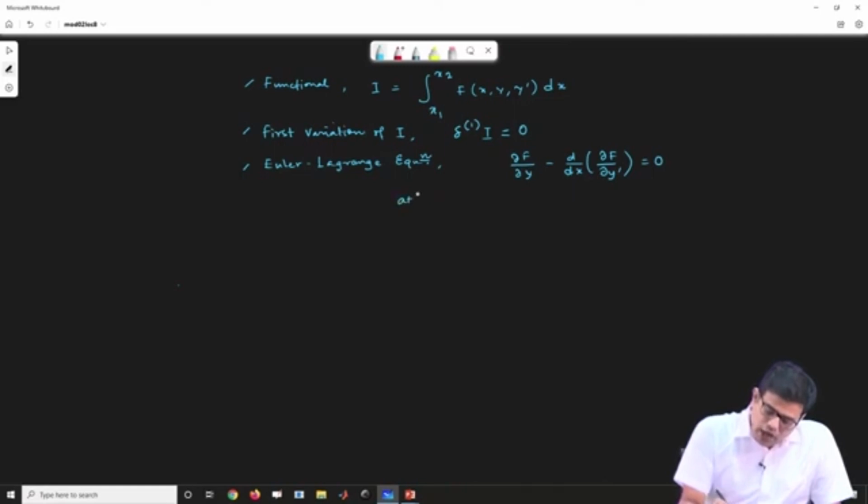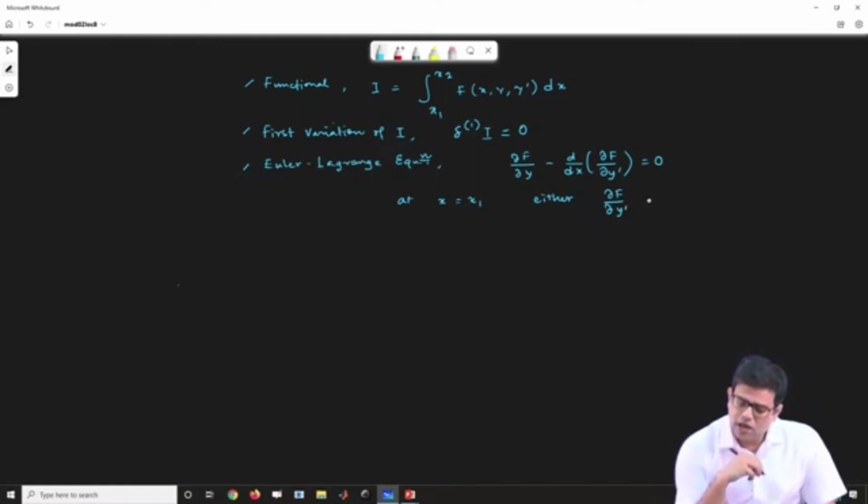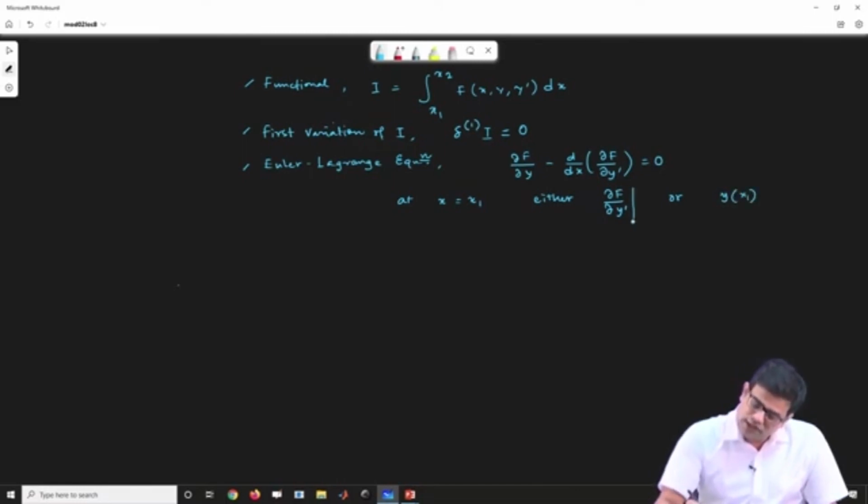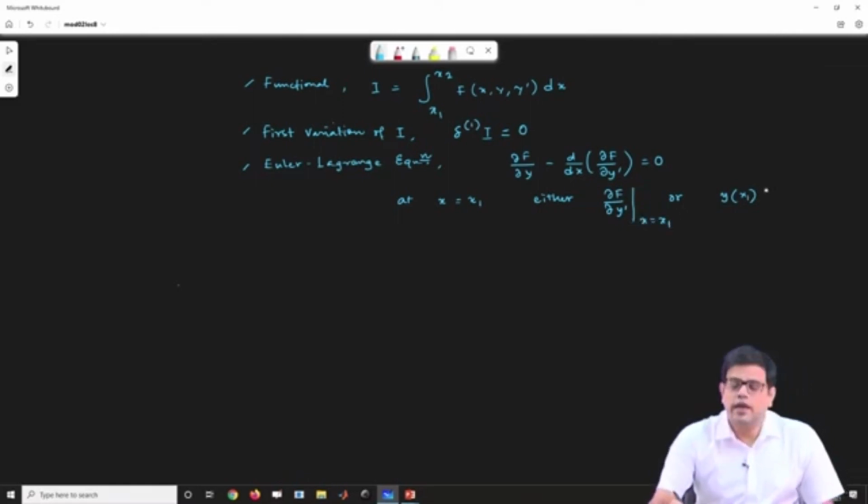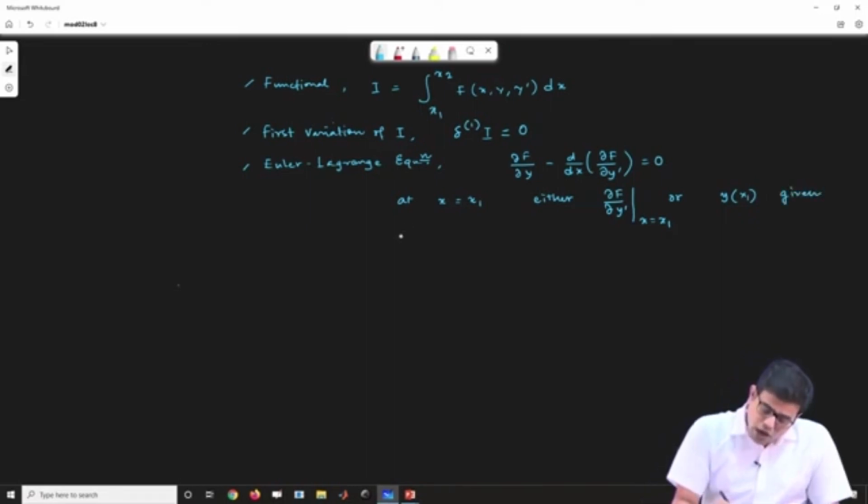At x equals x1, either dou f by dou y prime is specified, or y at x1 is given.